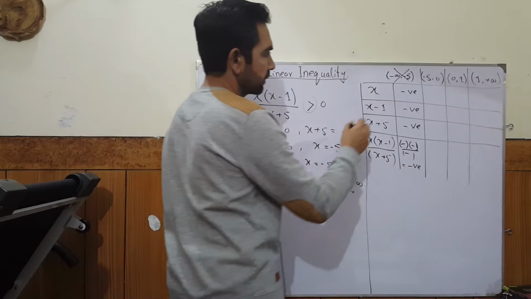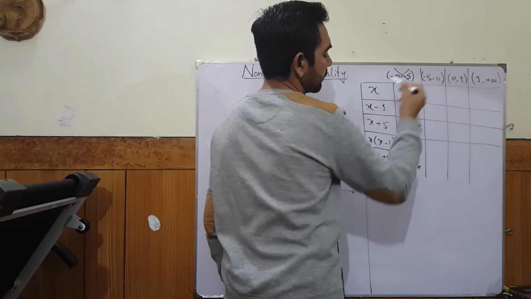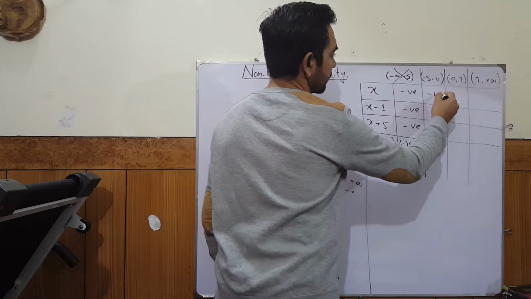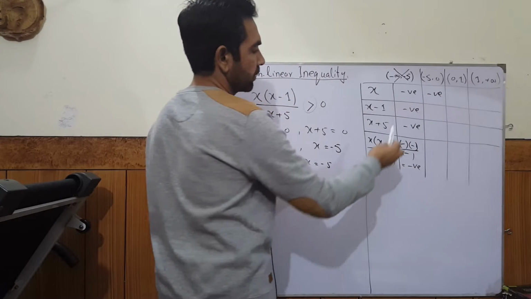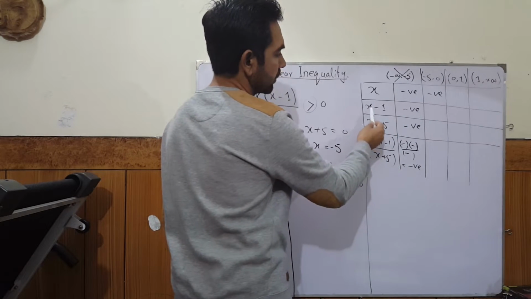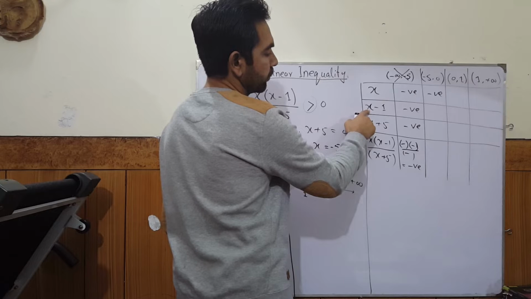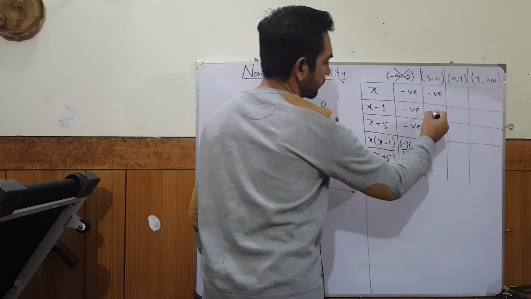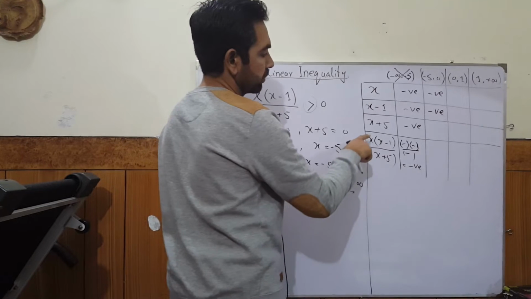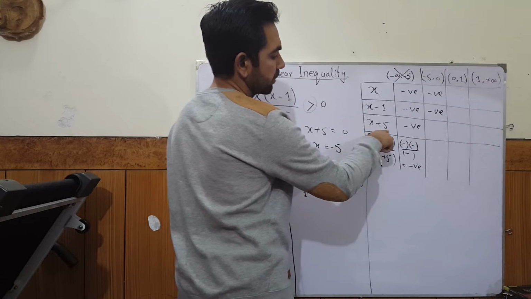The second interval is anything from minus 5 to 0, like minus 4, minus 3, anything is negative. If I put any value from minus 5 to 0, if I put minus 4 here, minus 4 minus 1 gives you minus 5, so a negative value. If I put minus 4 here, it gives me a positive.